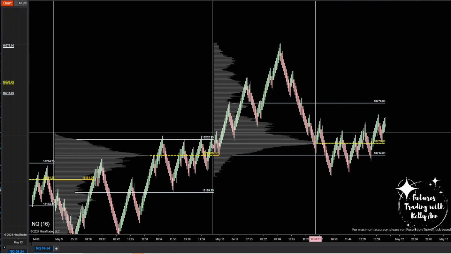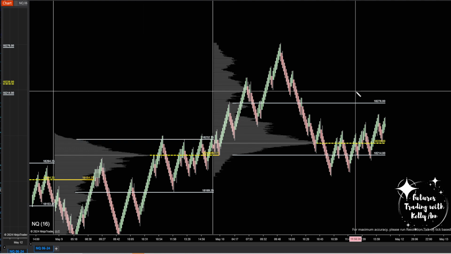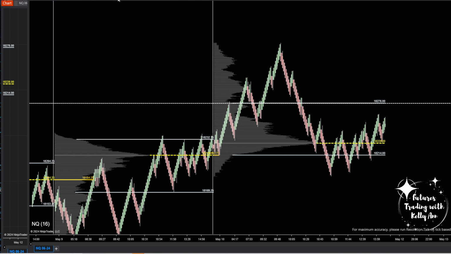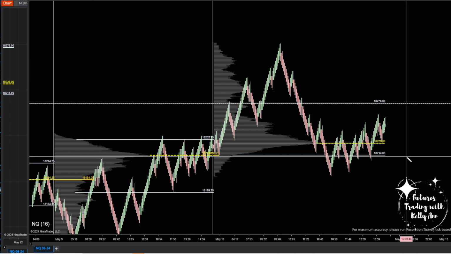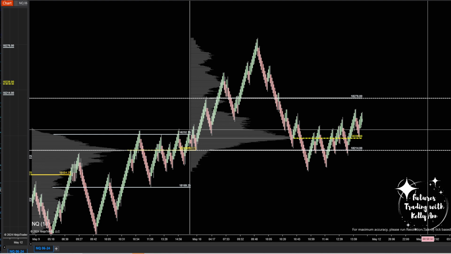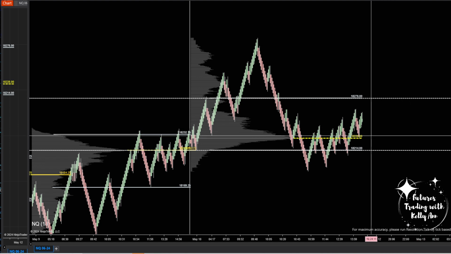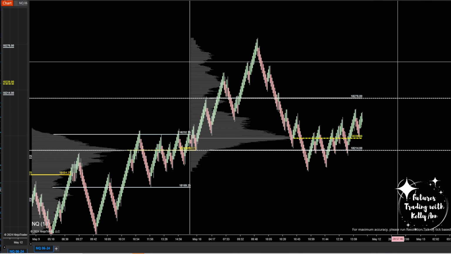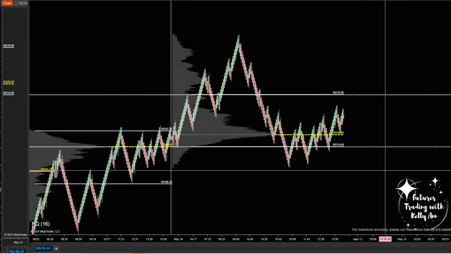So this is today's pattern. On Monday, I will make a horizontal line here and a horizontal line here. And I will see where we open. If we open in the middle, I would wait for us to cross either above or come down and cross below and test one of these levels.